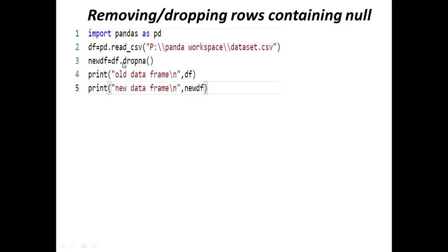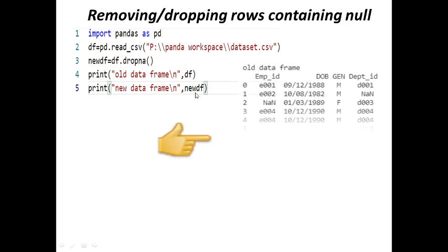So using drop_NA function, we can remove all those rows that contain NaN. drop_NA function returns new data frame with only those rows that don't contain null, right? So df.drop_NA, it will return new data frame. We are storing it in new df and then we are printing value of this df and new df.